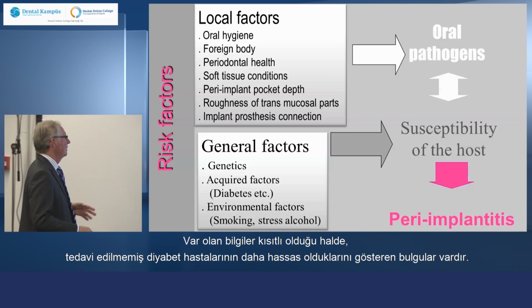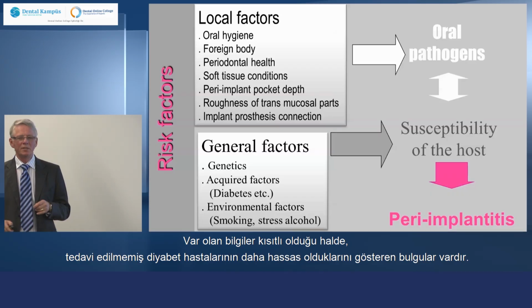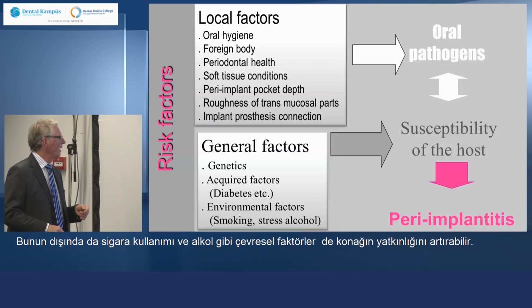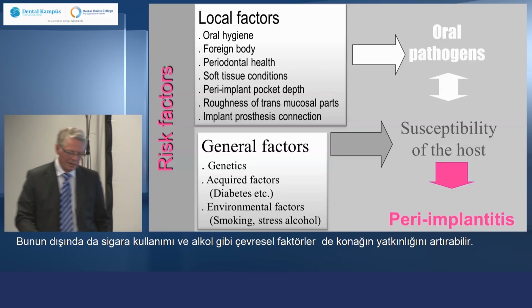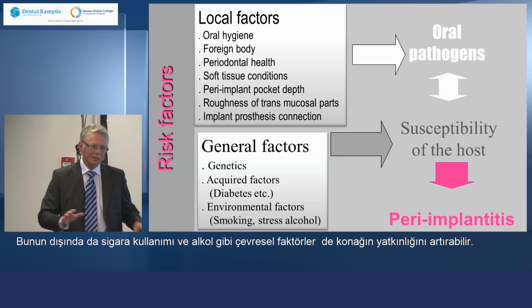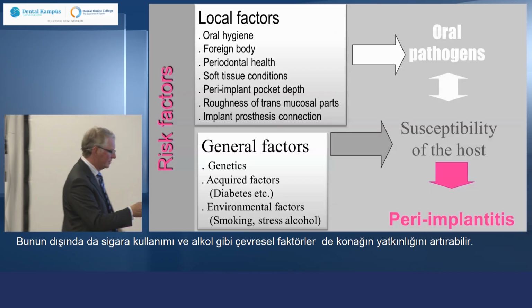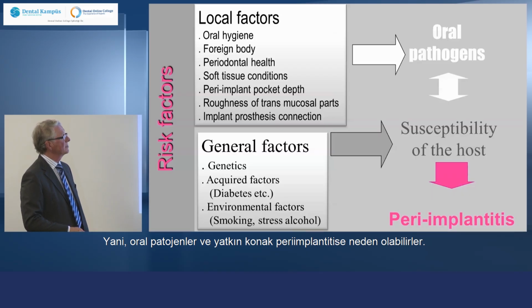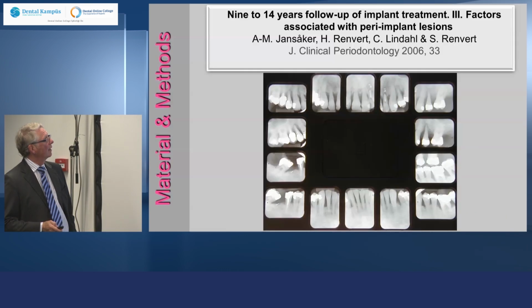There are indications that maybe untreated diabetes patients are more susceptible. And we have some environmental factors like smoking, alcohol consumption, and things like that, that will maybe increase the susceptibility of the host. So oral pathogens and a susceptible host may lead to the presence of peri-implantitis.